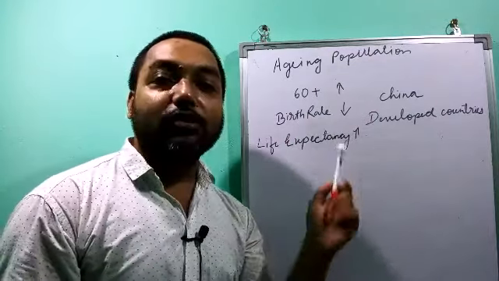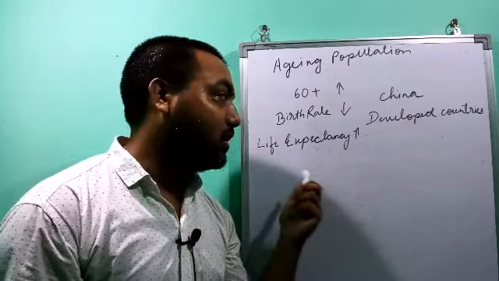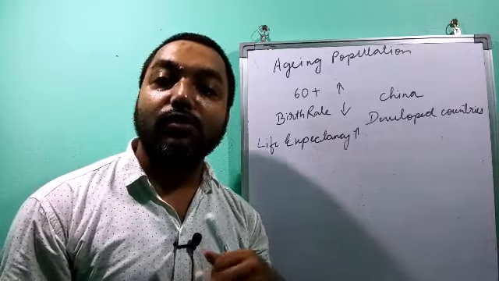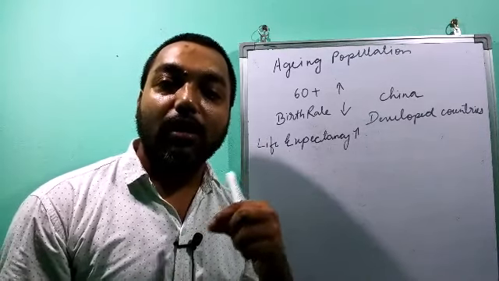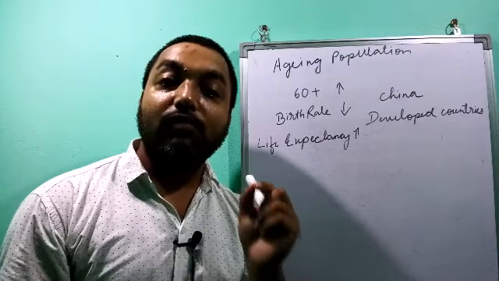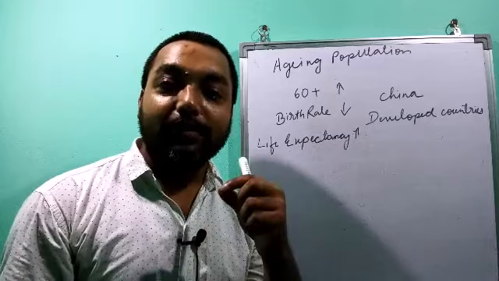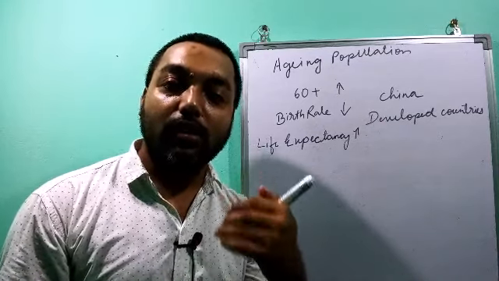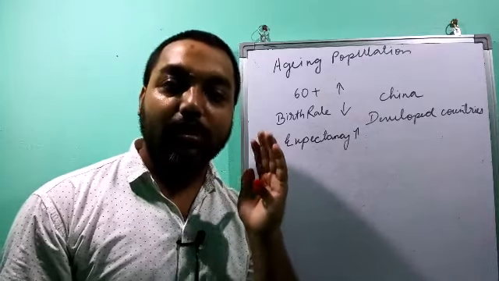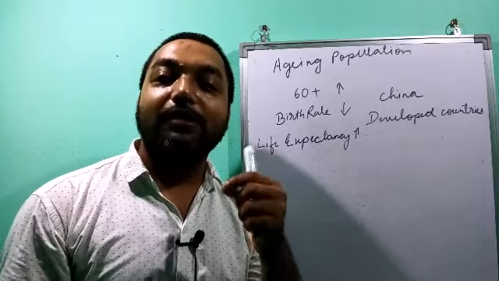And more than that, because of scientific technology, good living conditions, medical facilities, etc., life expectancy is also becoming higher. Life expectancy means: when a particular baby is born, up to what age is it likely to live. If in a developed country the medical facility, health condition, environment and economic sector are good, then life expectancy is higher there.